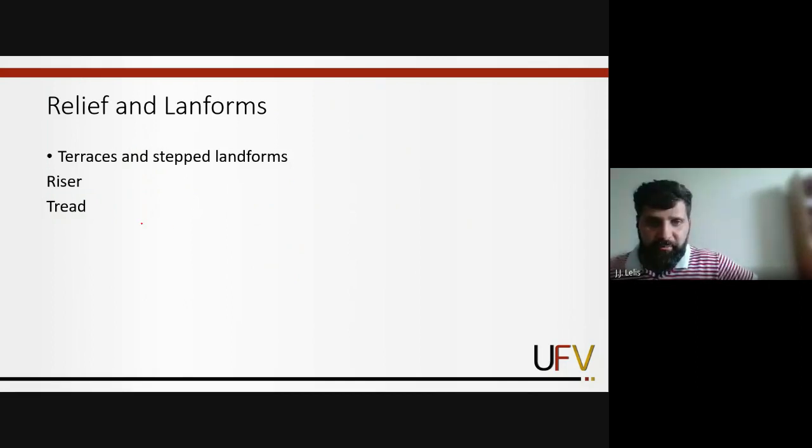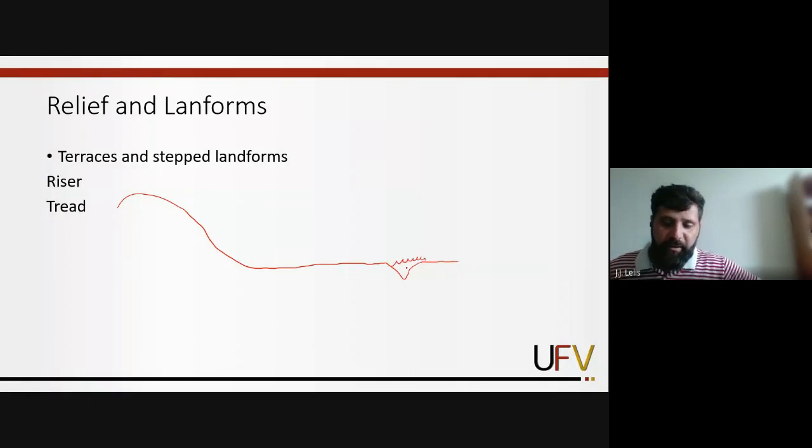If you can imagine something like this, we have a hill with a slope, and here we have a river, and this river in the wet season, in the rainfall season, tried to migrate from these higher conditions.